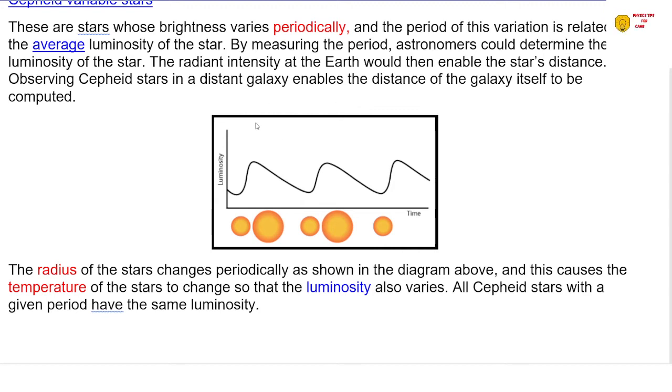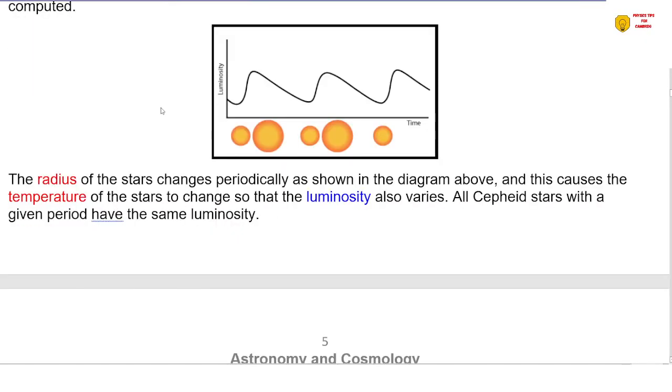Then observing Cepheid stars in a distant galaxy enables the distance of the galaxy itself to be found. This graph here shows the variation of luminosity with time of a Cepheid variable star. So what is happening here, just to illustrate that.